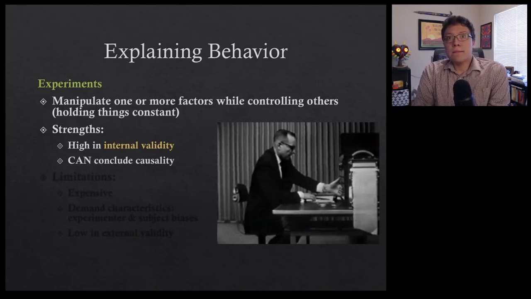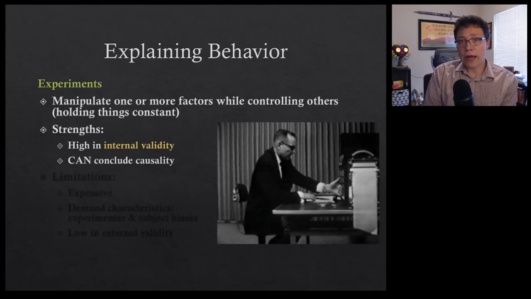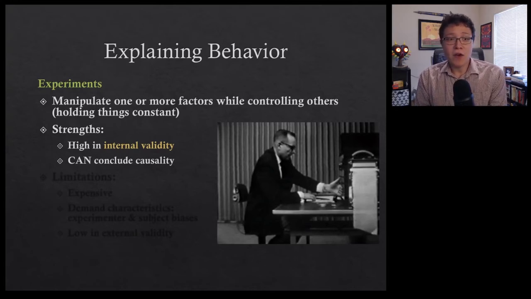If I eat McDonald's every day and I throw up every night, but then all of a sudden I decide to go eat Burger King every day and I stop throwing up, that's probably one way that we can look at this. And we might be able to conclude that McDonald's is causing us to throw up, especially if I switch back to McDonald's for a day, throw up, and then switch back off of it. That's going to help us have high internal validity and this belief that we know what is causing these factors.